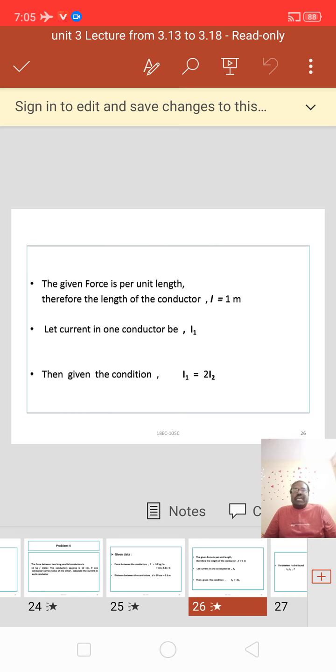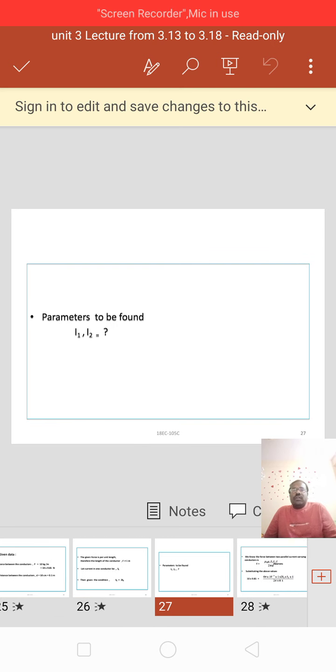Therefore, the length of the conductor L equal to 1 meter. Let the current in one conductor be I2. The given condition is I1 equal to twice the other, that is I1 equal to 2 into I2. Next, the parameters to be found are I1 and I2.